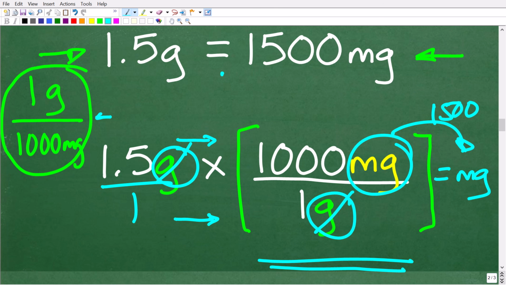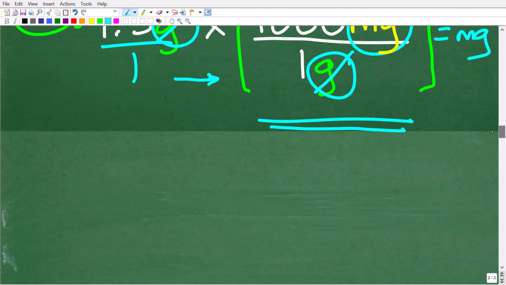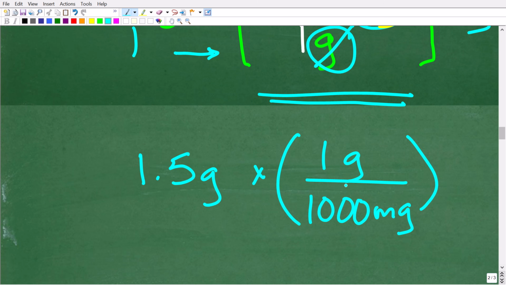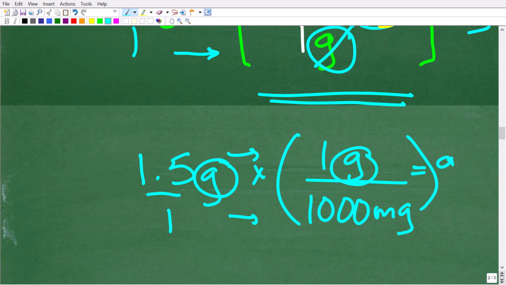So if we took our 1.5 grams, let me show you this right here. If I said, I have 1.5 grams, and I know that there is 1 gram per 1,000 milligrams, everything looks pretty good. This is a correct conversion factor. However, when we multiply these two numbers, I'm going to end up with grams times grams, or grams squared over milligrams, right?